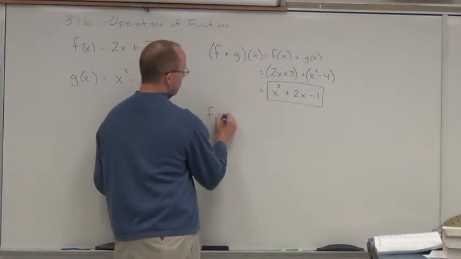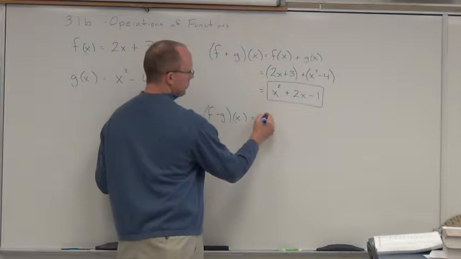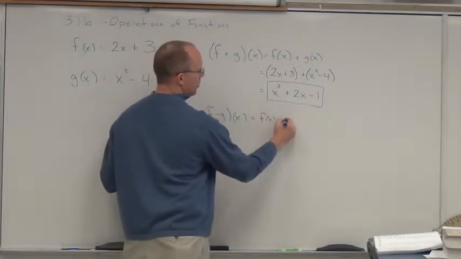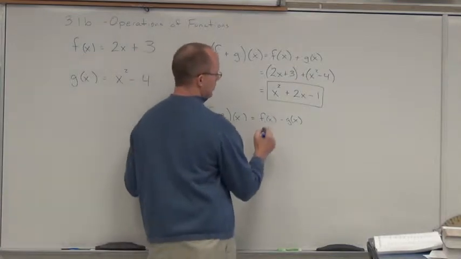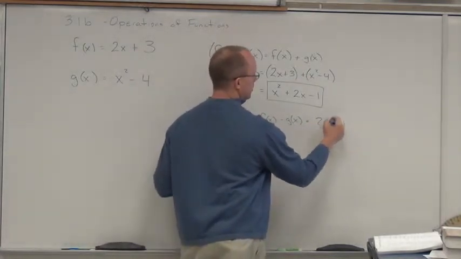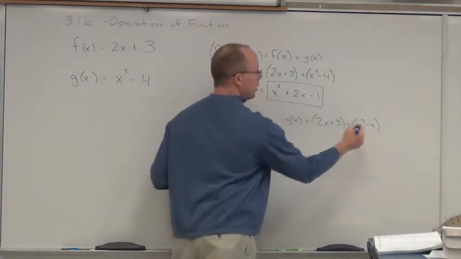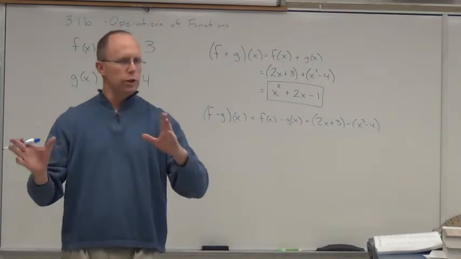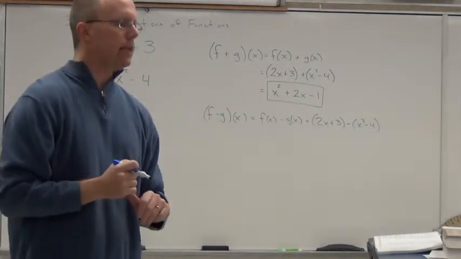Okay, so subtraction. Same thing. Just taking your f of x, except this time we're going to subtract our g of x. The biggest thing here is when you subtract that second function, make sure that you distribute the negative sign through.